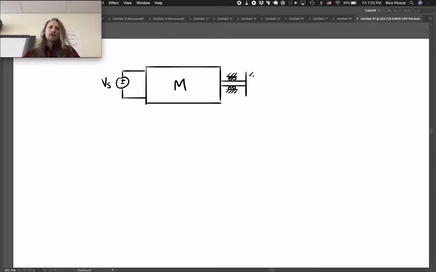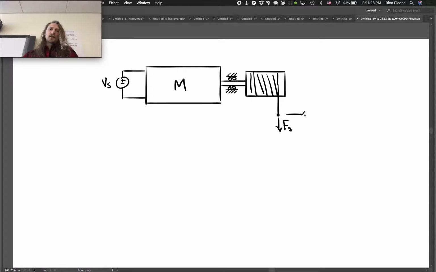We've got a spool. It's got the wire wrapped around, and say coming off this side, and then you've got somebody pulling on it with some force, Fs.